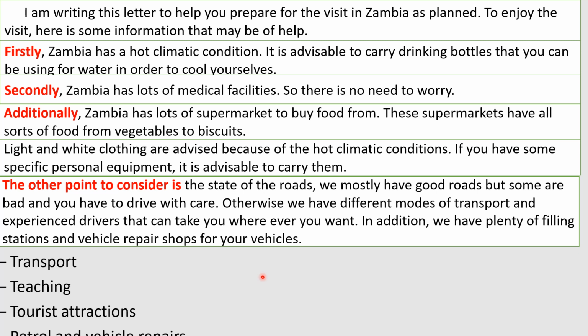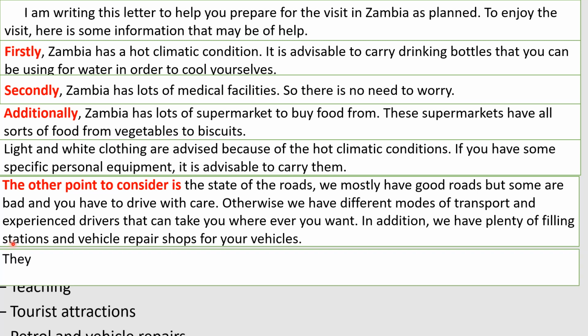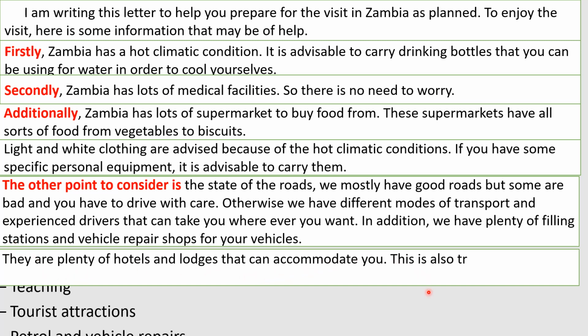Next, there was a point here that I've skipped, which is where to stay. Okay. So there are plenty of hotels and lodges that can accommodate you. This is also true for banks and communication facilities. Okay, so I thought of combining where to stay and the other point which was talking about banks and communication facilities.